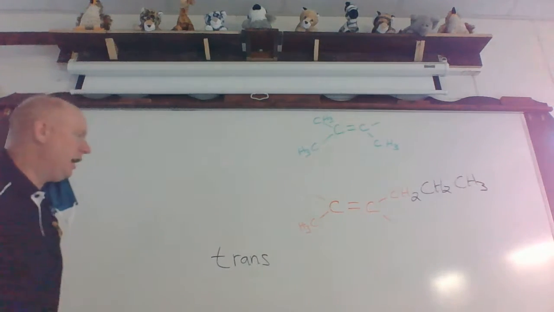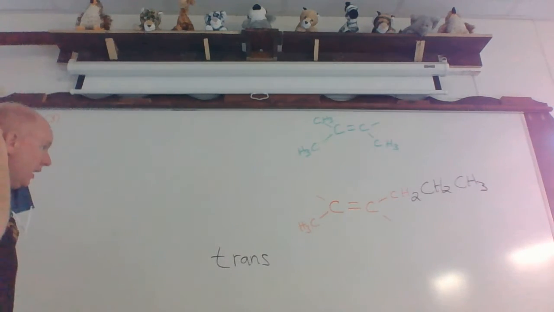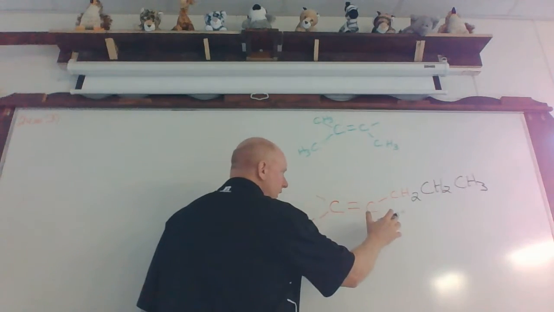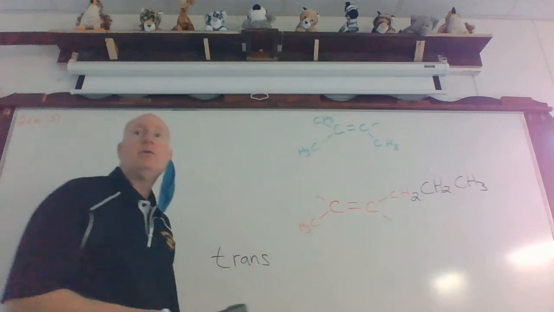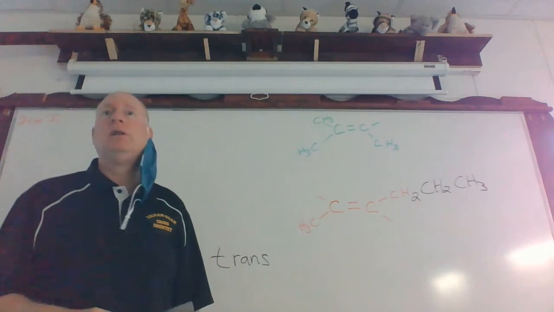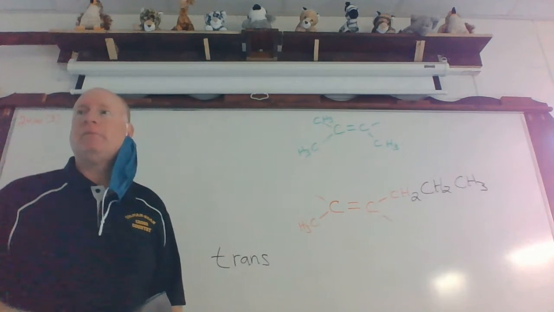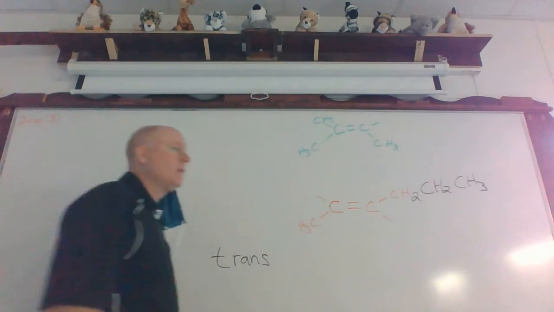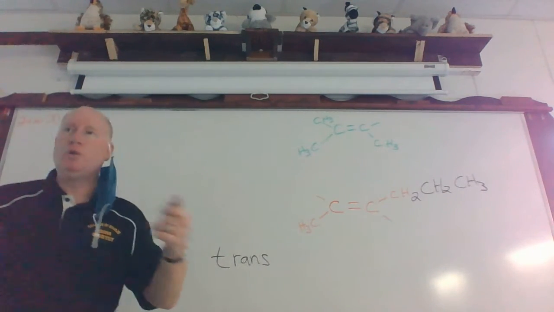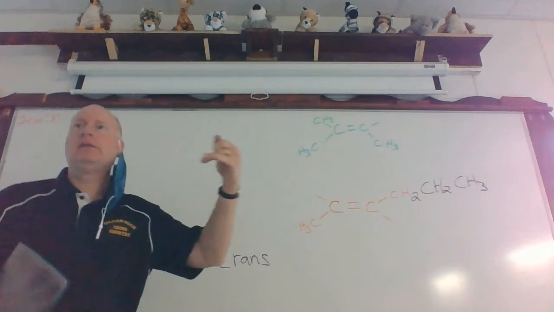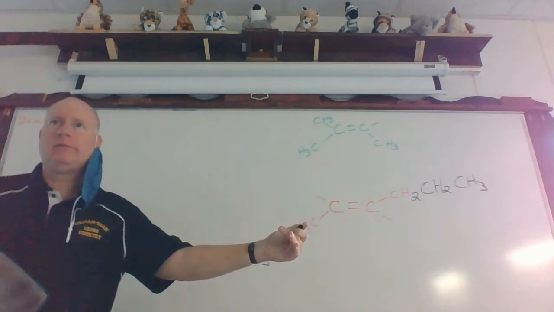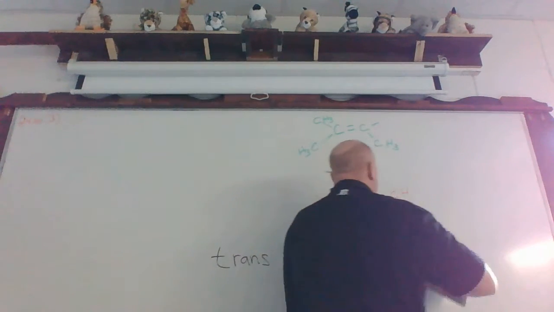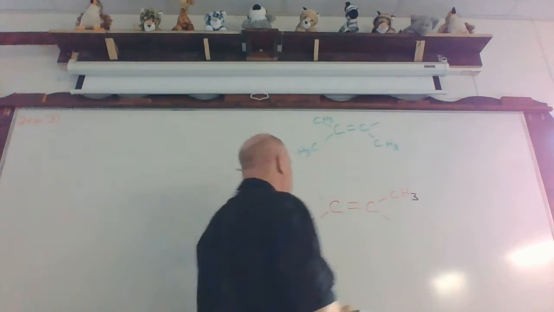That is still a trans compound, but now rather than trans 2-butene, now you would have trans 2-hexene. Did I put 6 up there? 2, 3, 4, 5, 6. Yep. Did we lose anybody in that jump? Okay.